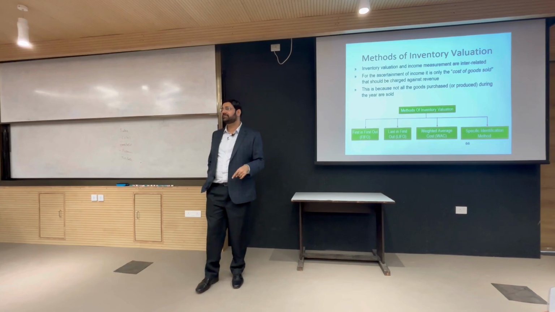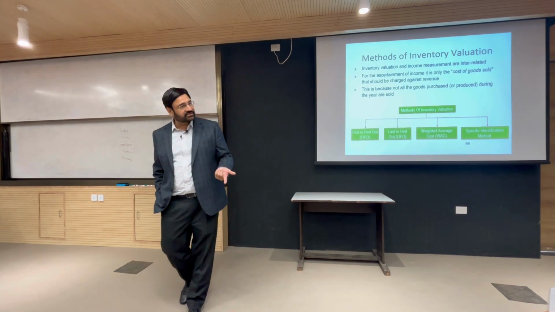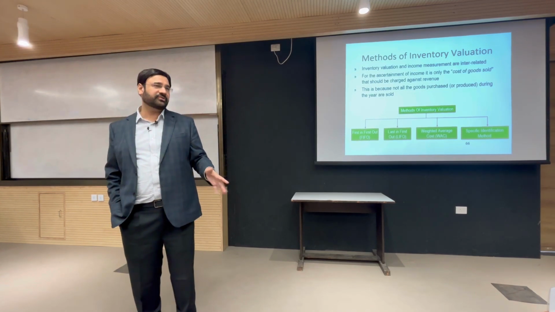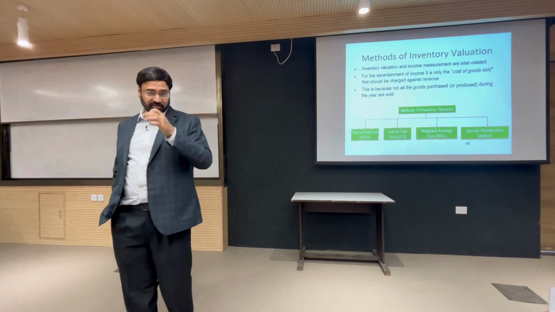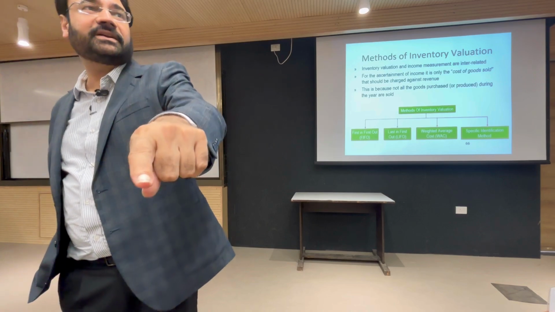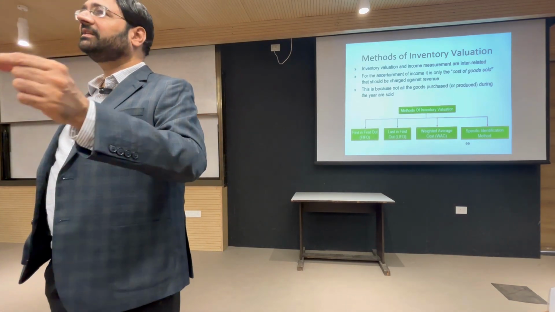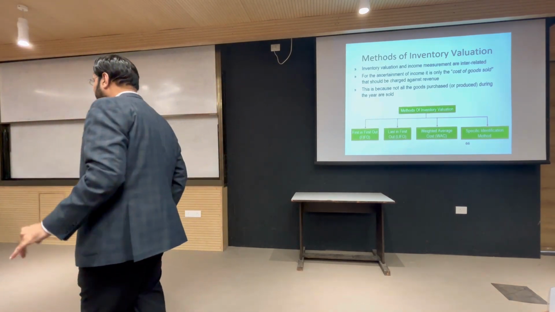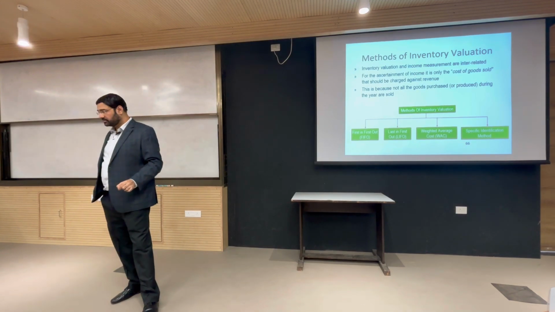Last in, first out is the goods that came in last are sold first. Weighted average is just take the average of costs and arrive at the value. Specific identification is, okay, if there are 20 phones that you are selling, for this particular phone, you identify the cost is 80,000, the selling price is 90,000, the profit is 90 minus 80, 10,000. That is specifically identified.